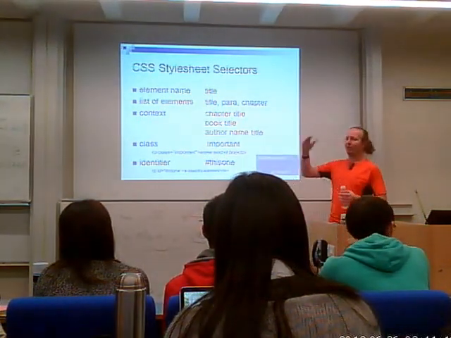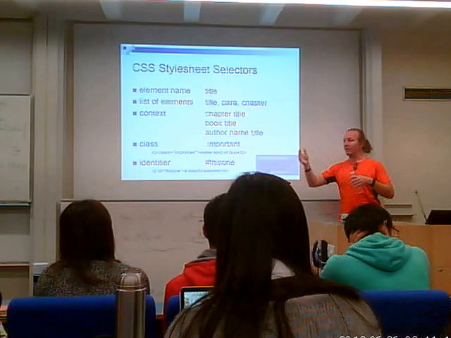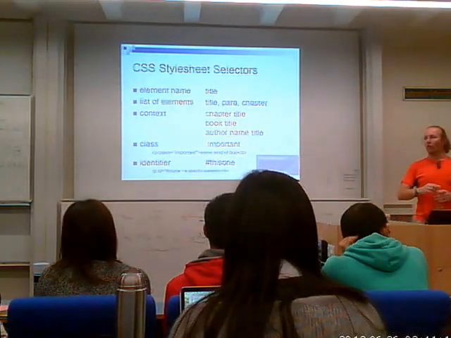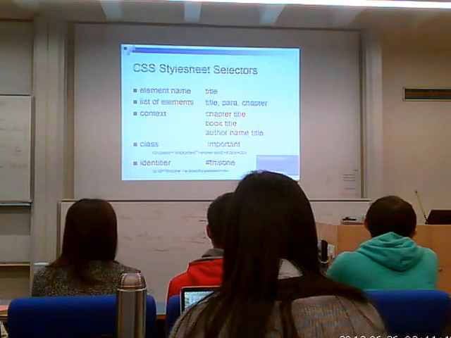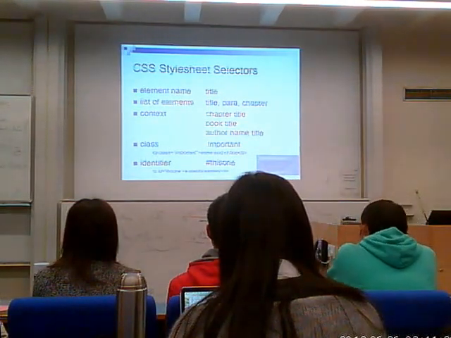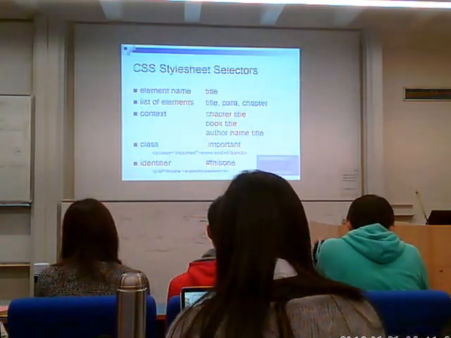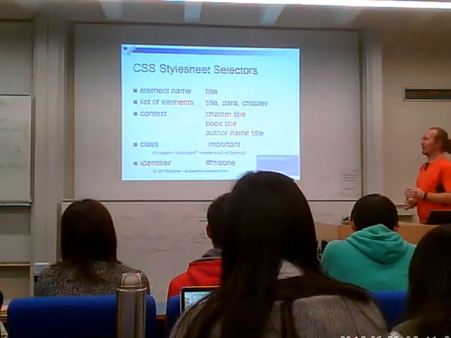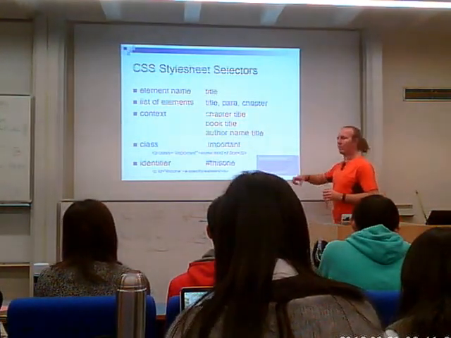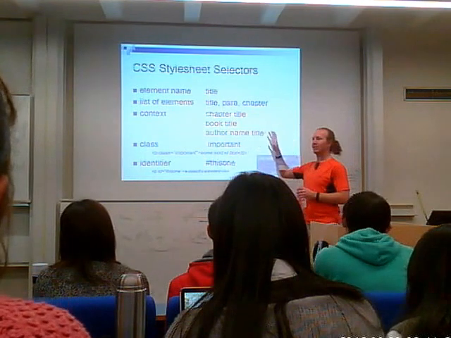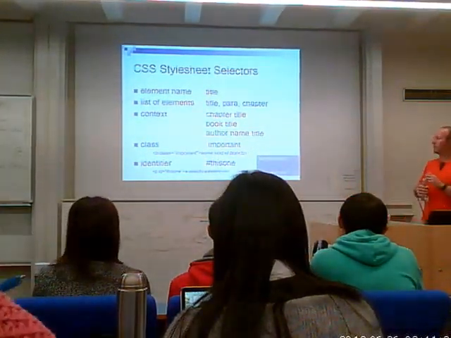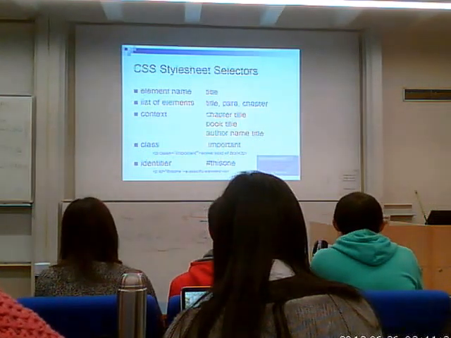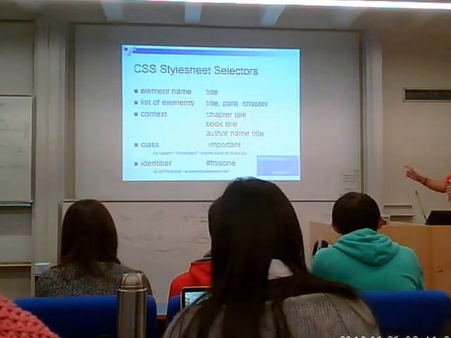So you could have every odd and even heading be a different colour, or maybe you want the final one to be a different colour, or the first one, or all the ones that have a child that is a paragraph. So you change the style of those ones, but not the ones that don't have a child as a paragraph and things like that. There are some really, really detailed CSS selectors, and there are lots of references to those.